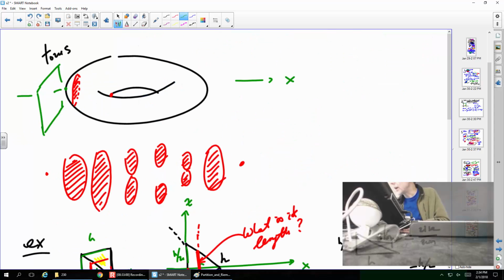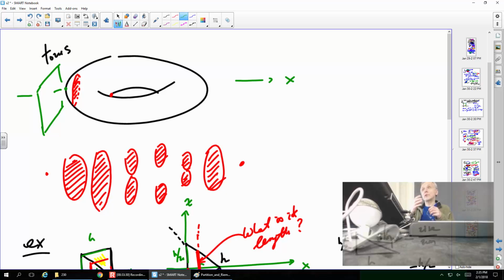One more time, the torus. If I start cutting the torus with horizontal planes, what's going to happen? It would be like a circle minus a circle for the area. Yeah. So in other words, it's a ring. Right. It's a ring.